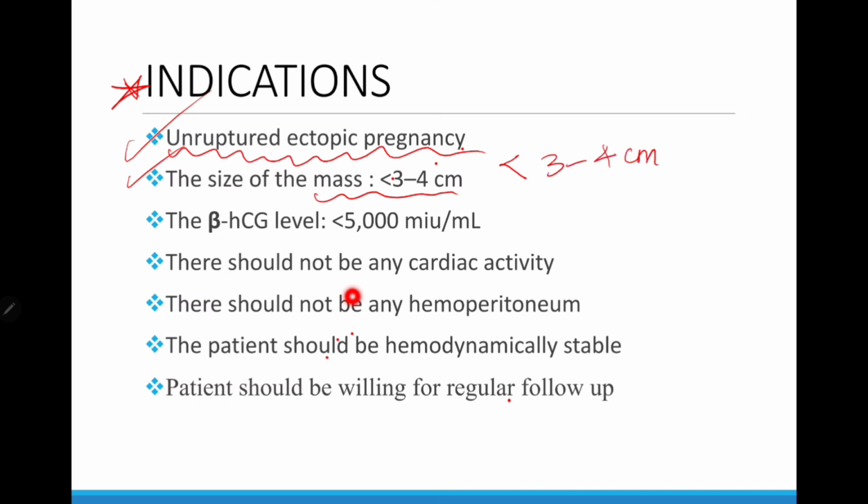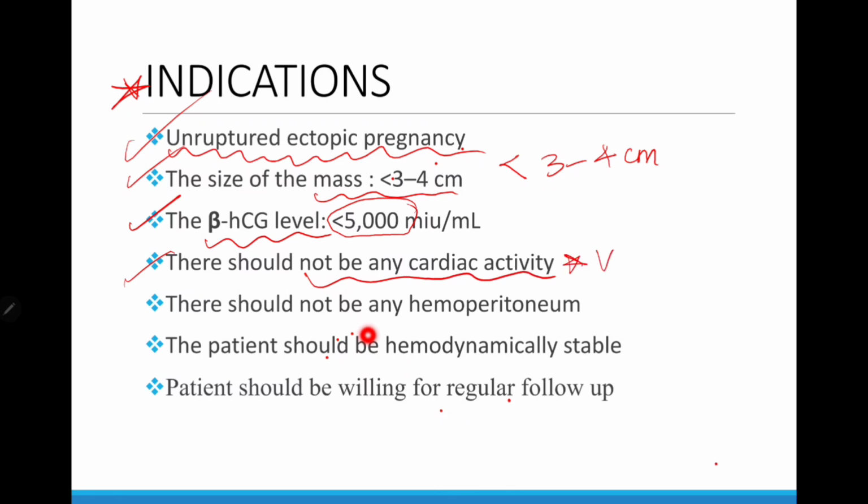So if at all the size of the ectopic mass is less than 3 to 4 centimeter, then we can manage medically. The very important thing is beta HCG level. If beta HCG level is less than 5,000 micro international unit per ml, then we can do medical management.